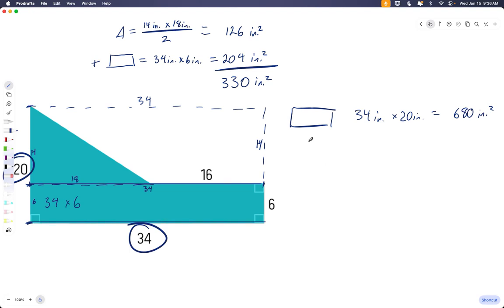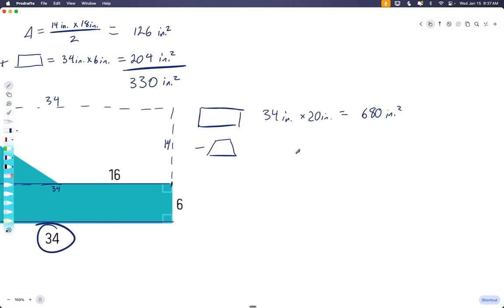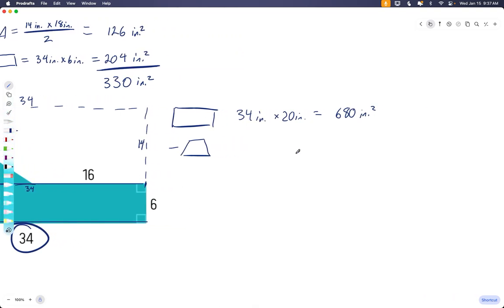So that means you've got a trapezoid that you're subtracting. And then you'd have to know how to do the calculation for a trapezoid, which would be base 1, 16 inches, plus base 2, 34 inches, times the height, which is 14 inches, divided by 2.